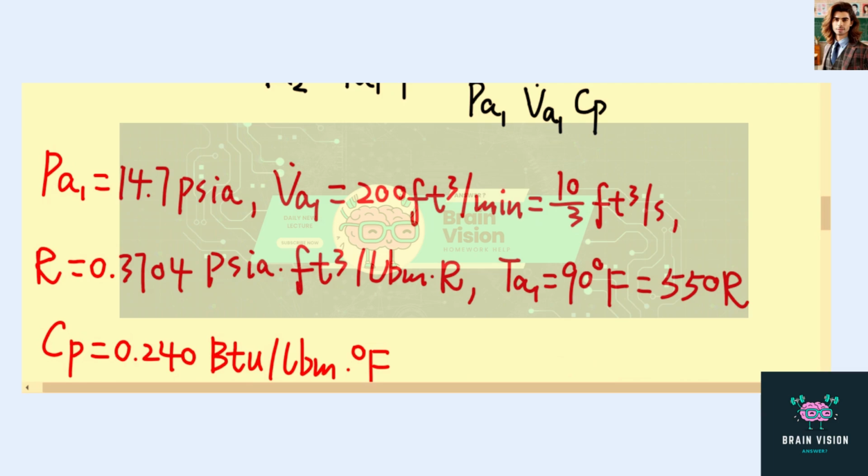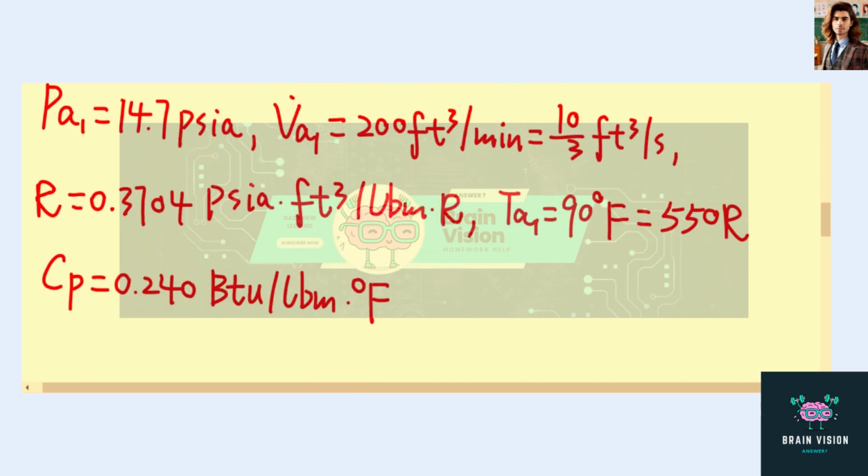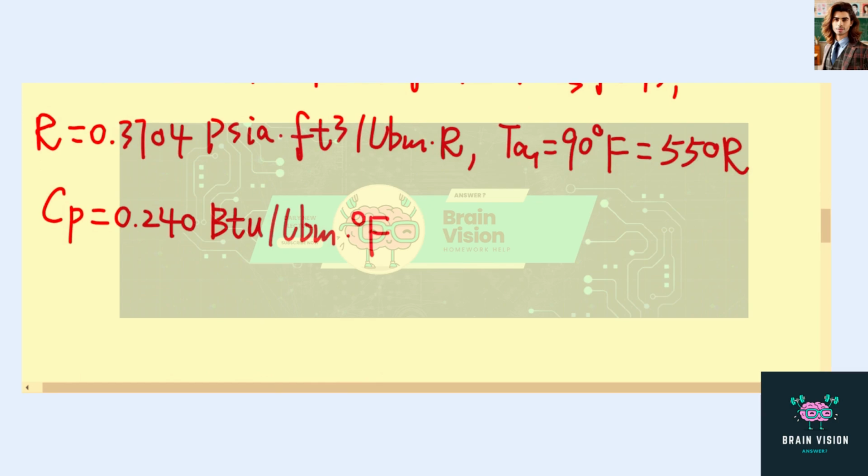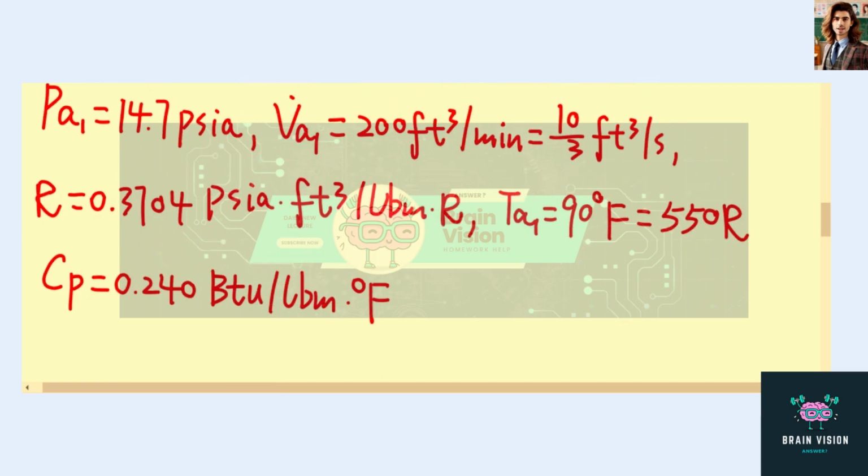The gas constant for the air is 0.3704 psia times feet cubed per pound mass times Rankine. The initial temperature is 90 degrees Fahrenheit, which is 550 Rankine. The specific heat for the air is 0.24 British thermal units per pound mass times degree Fahrenheit.